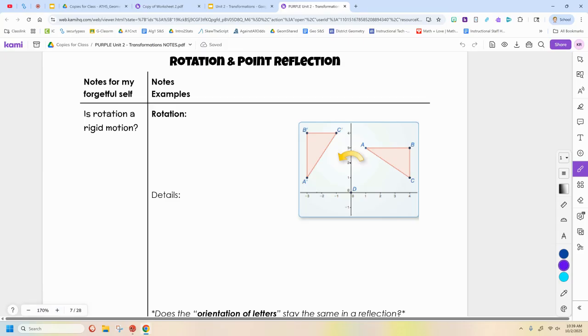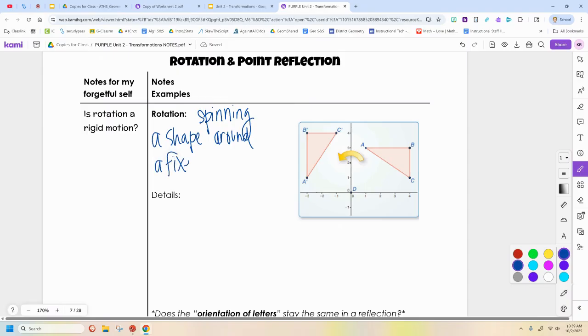Rotation is spinning or turning a shape around, and this is the part that's important, a fixed point. So I just get that written down for you. A fixed point. So the one point stays still, and you move everything around it.